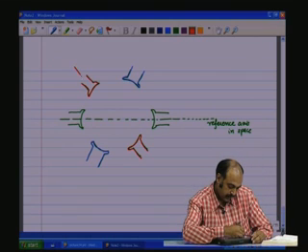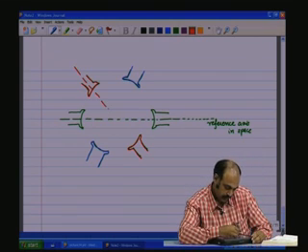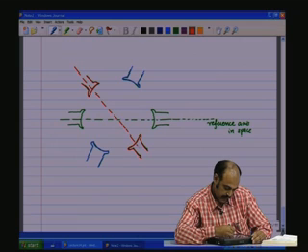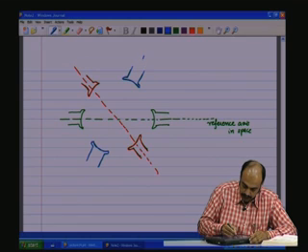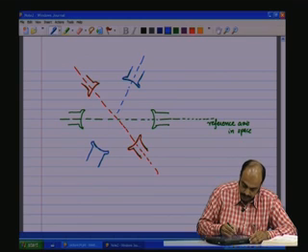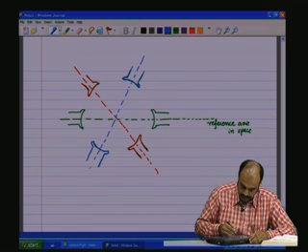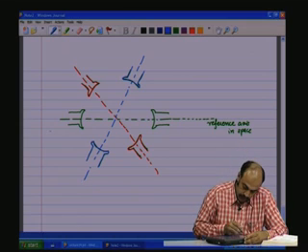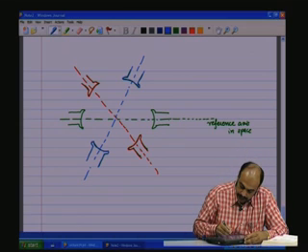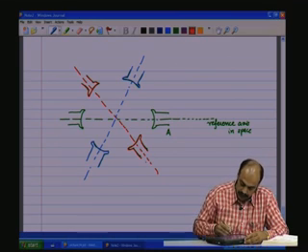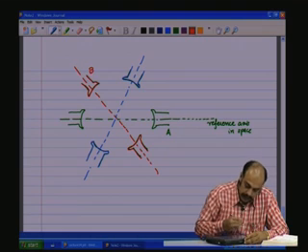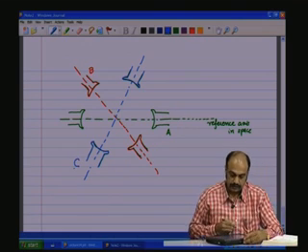So, this pole set is fixed in space. This is not rotating, this is fixed in space with respect to the other. So, let us say that this green one is the A pole set, the red one is the B pole set, and the blue one is the C pole set.